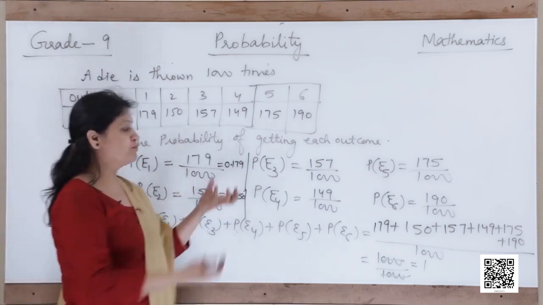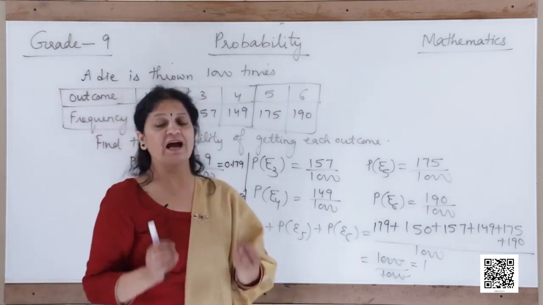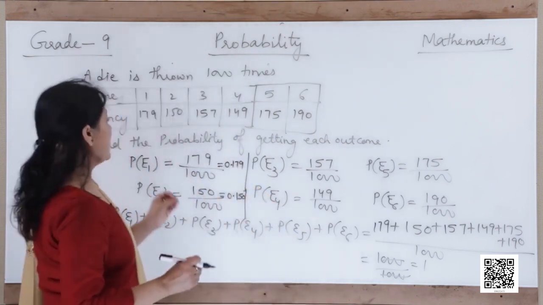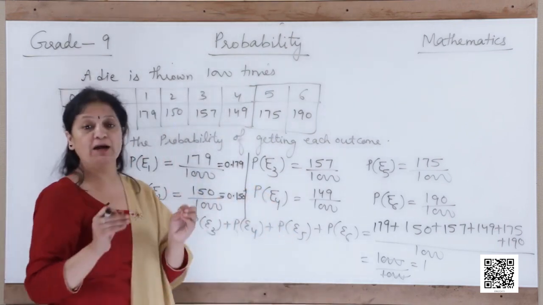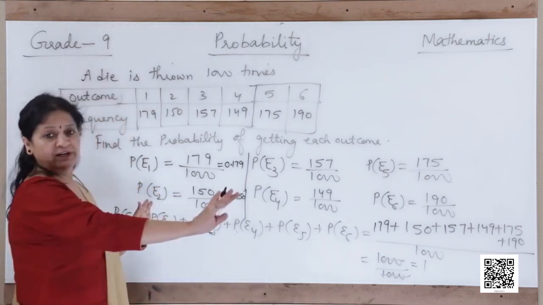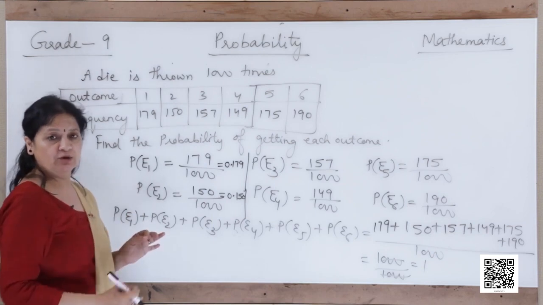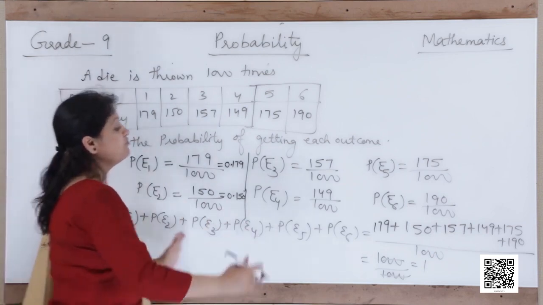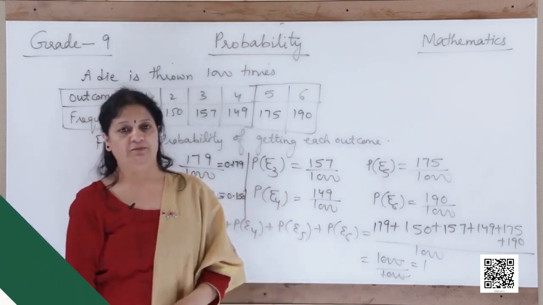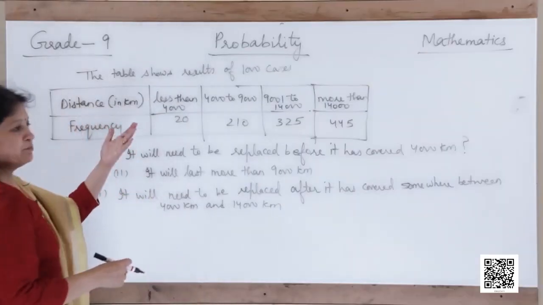So what we have observed from all these experiments is that the value of probability always lies between 0 and 1, and if we are taking all the outcomes, then the sum of all the probabilities is always equal to 1.